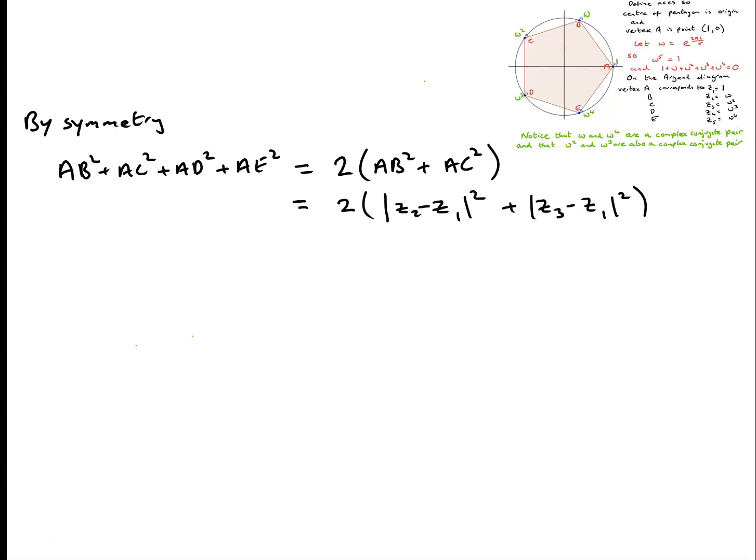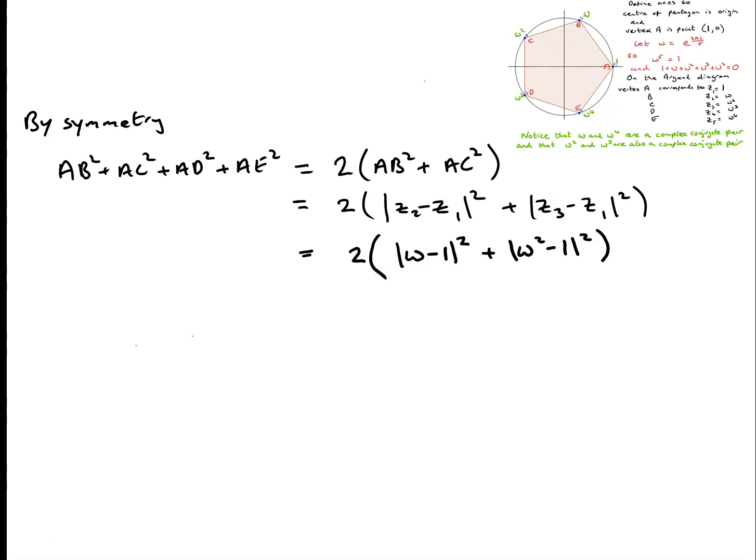Now, AB squared is the distance between Z1 and Z2 squared, which is the modulus of Z2 minus Z1, squared. And similarly, AC squared is the modulus of Z3 minus Z1, squared.